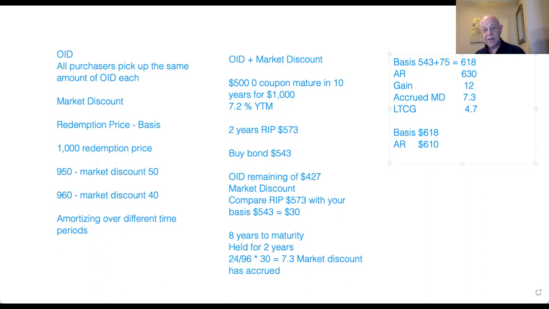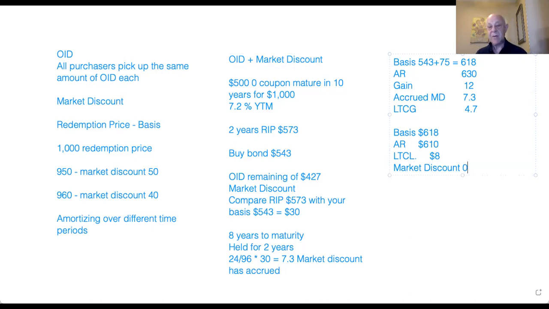Well, now we're going to end up with a capital loss, and it'll be a long-term capital loss of $8. We're going to have zero market discount. I mean, we're selling it for less than our basis. Since we're selling it for less than our basis, our market discount is zero.